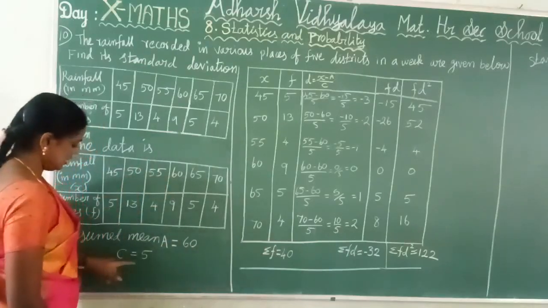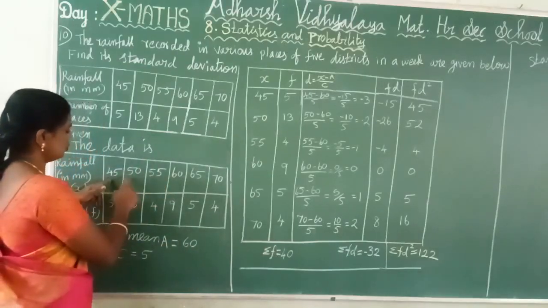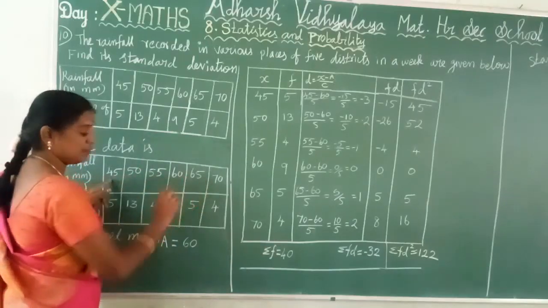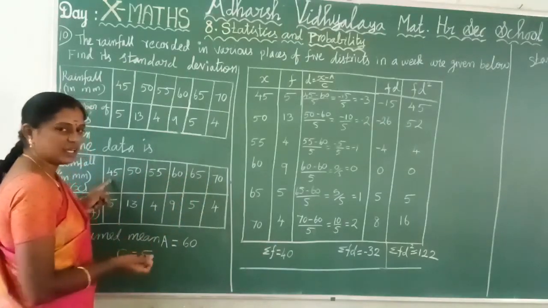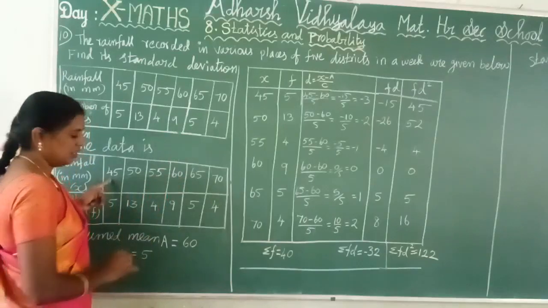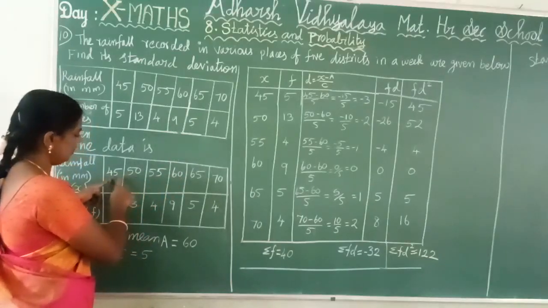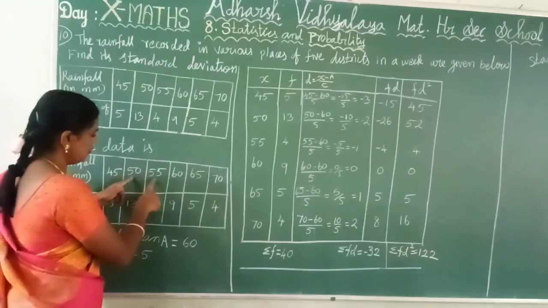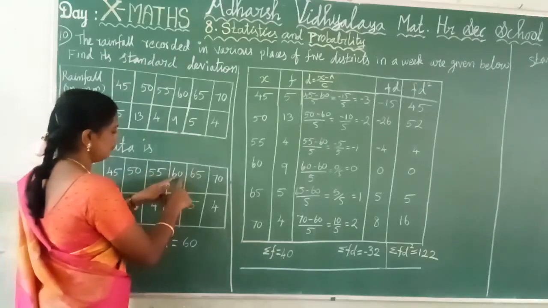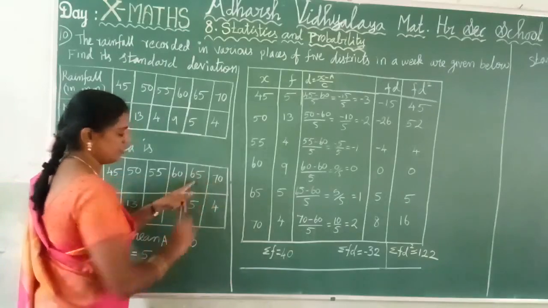Next C. The interval is the common factor. First arrange in ascending order; here the order is already given. Check: 45 to 50, interval is 5. The same 50 to 55, 5. 55 to 60, 5. 60 to 65, 5. 65 to 70, 5.